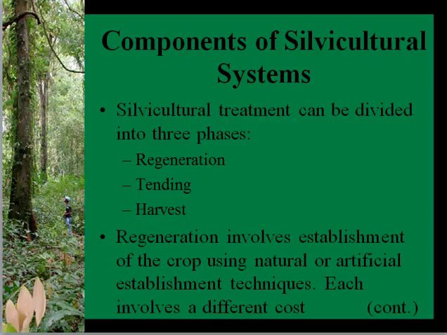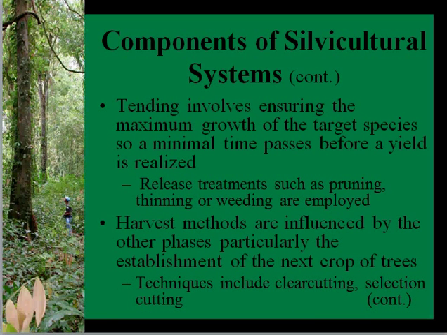Tending involves ensuring the maximum growth of your target species, so a minimal time passes before a yield is realized or a harvest is possible. So tending involves maximum growth of the target species. So if you have a plantation, you may need to go in during the growth of that plantation to do things such as pruning or thinning or weeding.